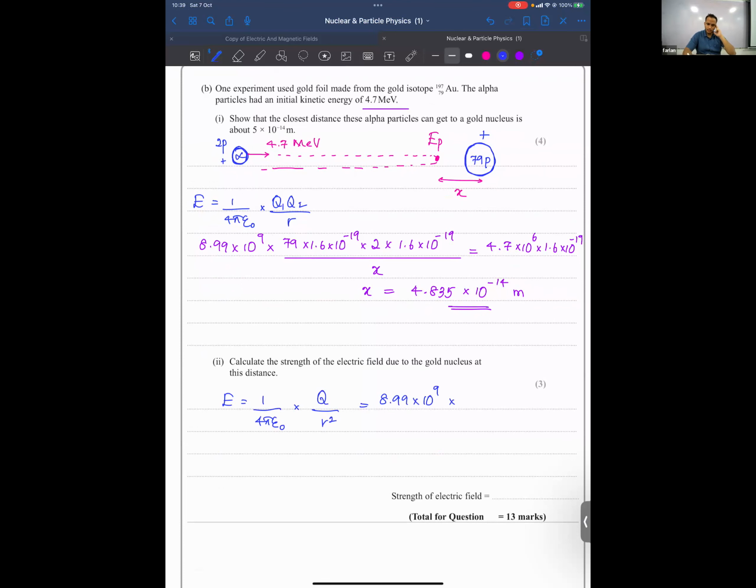They are asking the strength of the electric field due to the gold nucleus, so it has 79 protons. 79 into 1.6 into 10 to the power minus 19, over the distance we just found, 4.835 into 10 to the power minus 14, and that's squared.